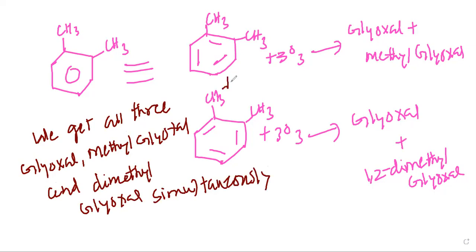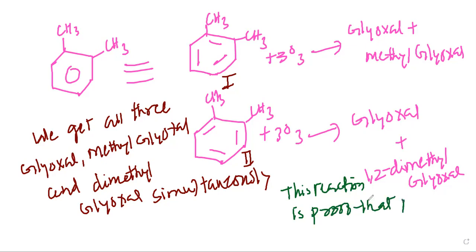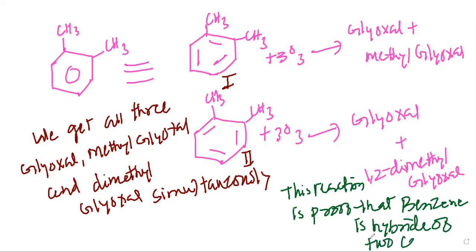And that is why we can say that these 1 and 2 structures actually make this hybrid structure of benzene, and this is the proof. This reaction is proof that benzene is a hybrid of two canonical structures.